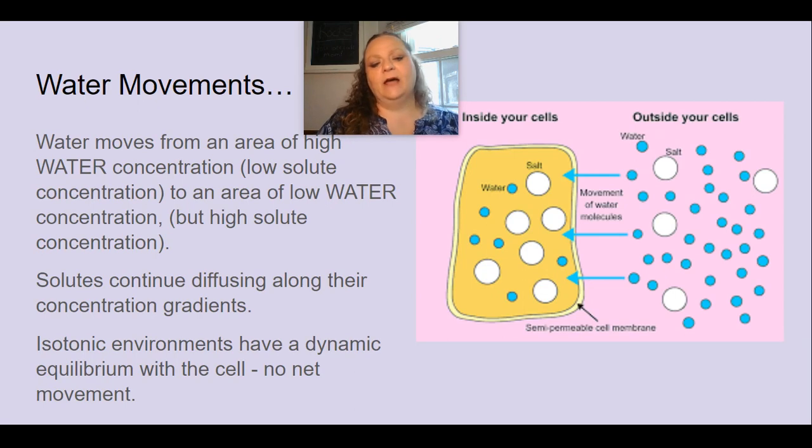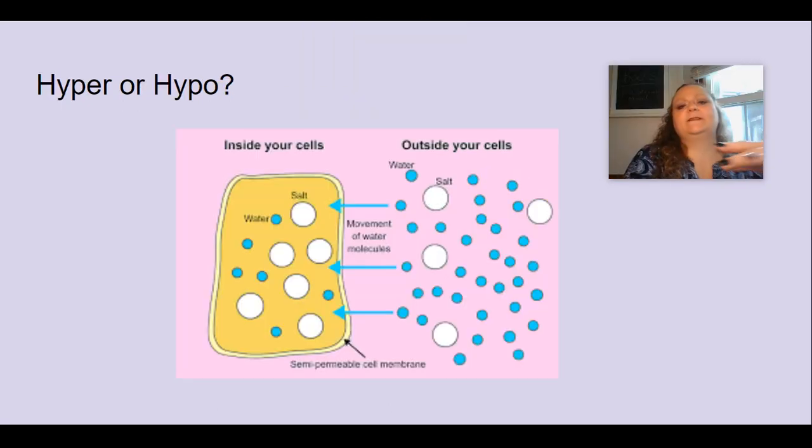In an isotonic environment, you're going to have dynamic equilibrium. And this is just a case where water moves in and out essentially pretty freely. It's going to go back and forth because they're equal. There's no gradient there. So if there's no gradient, water just kind of flows back and forth.